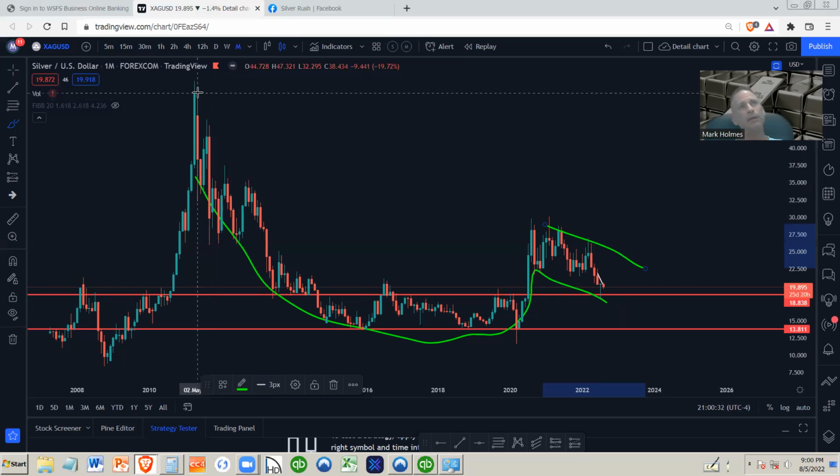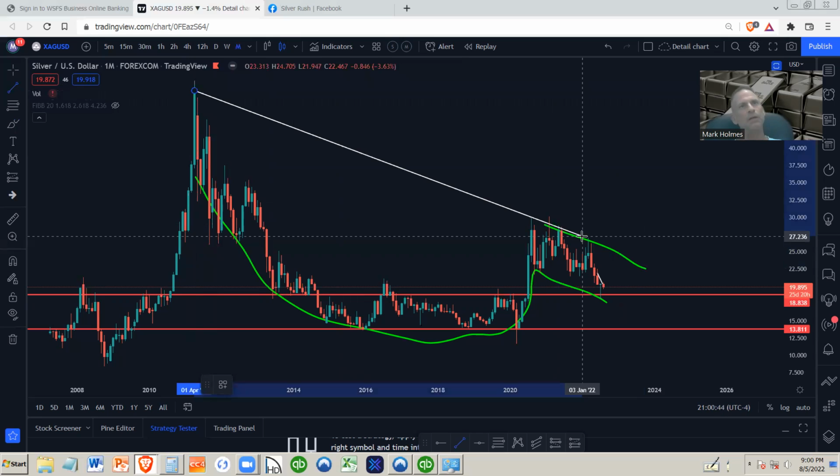So anyway, that's basically a cup and handle pattern. What you look at here with the cup and handle pattern is you've got a line here that comes across this way.